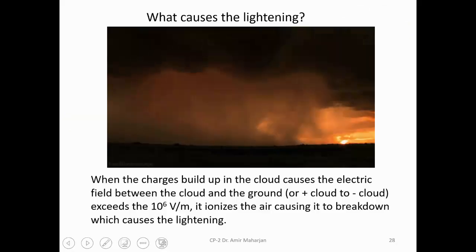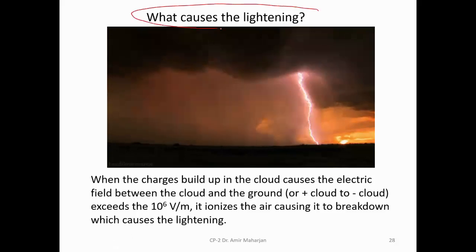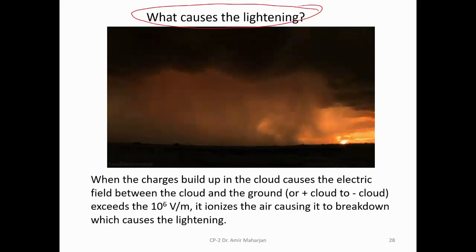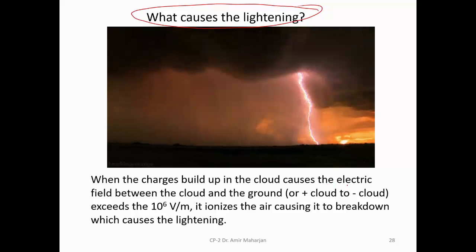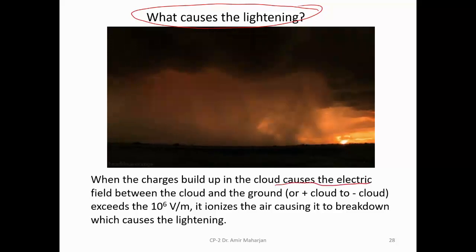And same thing with lightning. What causes lightning? Well, now you can answer this question, because when charge is built up in the clouds for various reasons, it causes an intense electric field between cloud and the ground, or positive cloud to negative cloud, right?